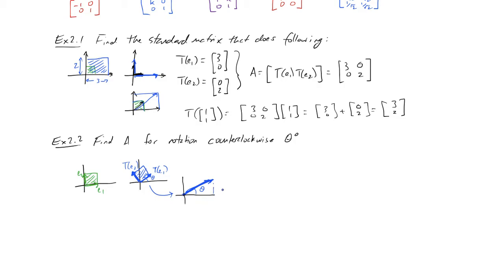So this side is the sine of theta, and this is going to be the cosine of theta. And the hypotenuse is 1 because the original vector had length 1. So this new vector, TE1, is going to be cosine theta, that's its x coordinate, sine theta, that's its y coordinate, or x2 coordinate.